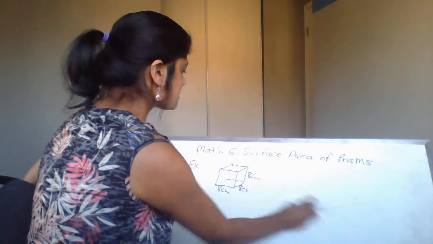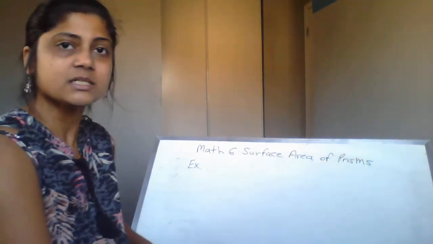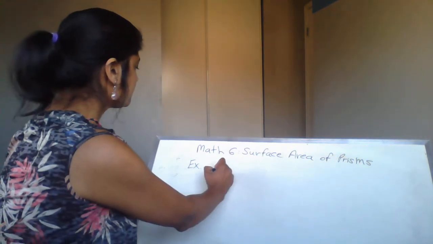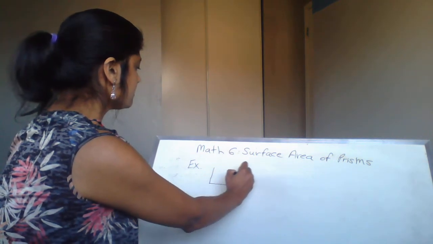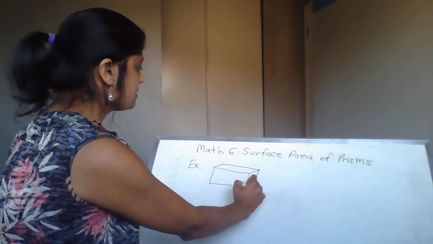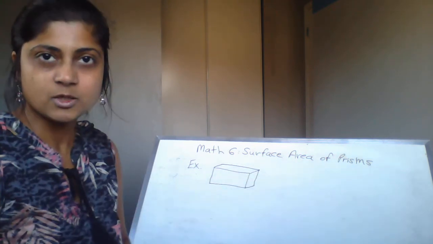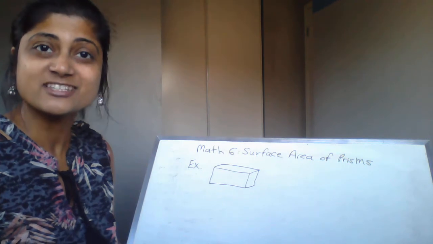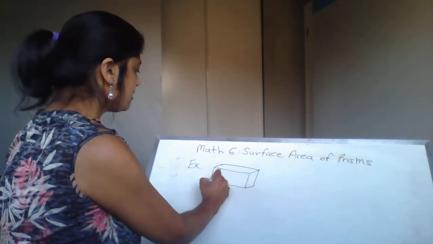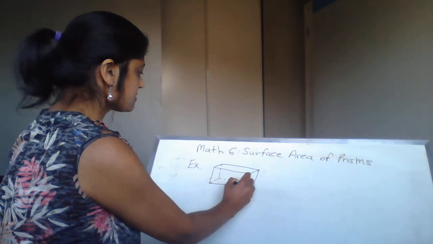So I'm going to take this off. This time we're going to try the rectangular prism. Let me draw the prism out here so everyone can see it. This is a rectangular prism, and again, make sure you are drawing the dotted lines here. It can help you visualize all of the 6 surfaces.